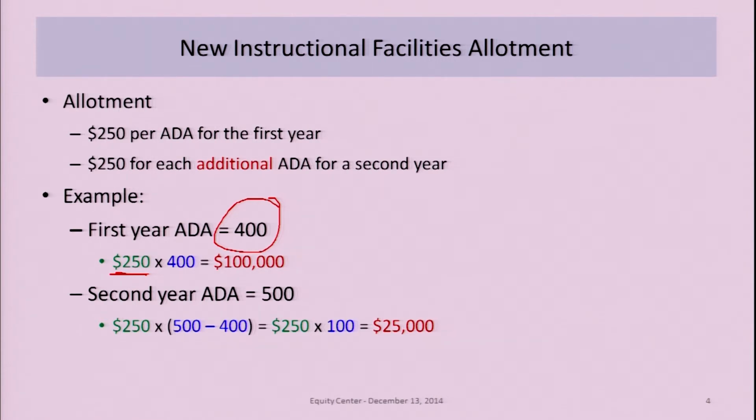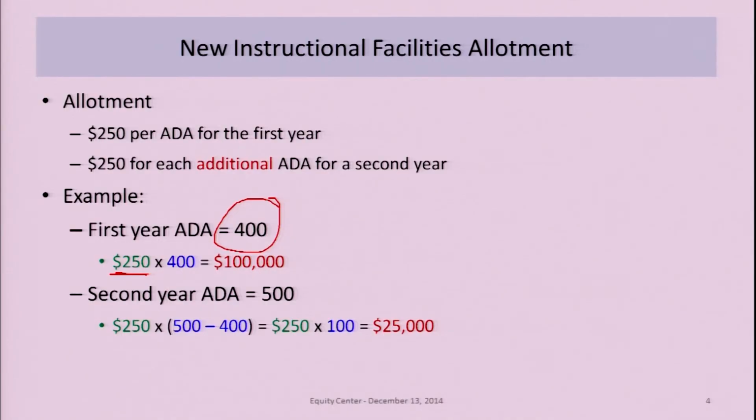Now, you don't go out and name each of those kids and say, all right, you've got your money, and if you move and another one moves in, you get another $250. It's just a count. So you're going to get another $250 in the second year, but only for ADA that's in excess of what you had in the first year.